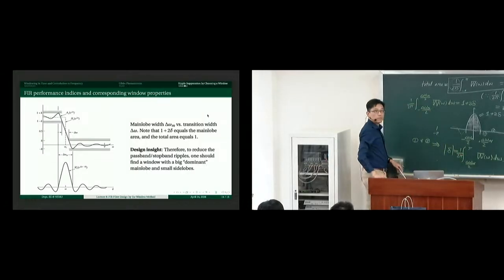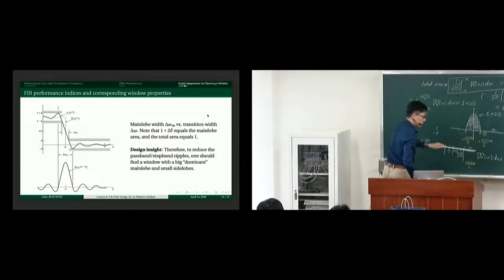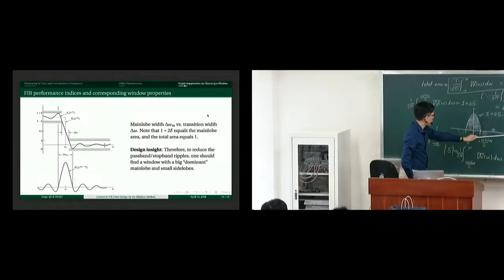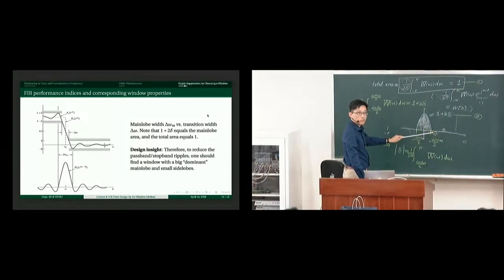But take a look. This integral is from here to there, right? From here to here, the first side lobe we get is a negative, followed by a positive, smaller, and followed by a negative lobe, even smaller. So they alternate the sign, and each one is getting smaller.